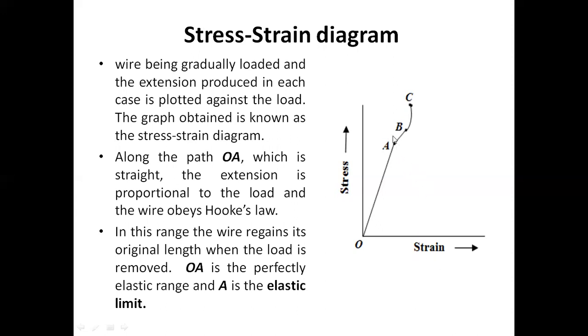In this range from O to A, when the load is removed, the wire regains its original condition. Therefore OA is called the perfectly elastic range and A is called the elastic limit.